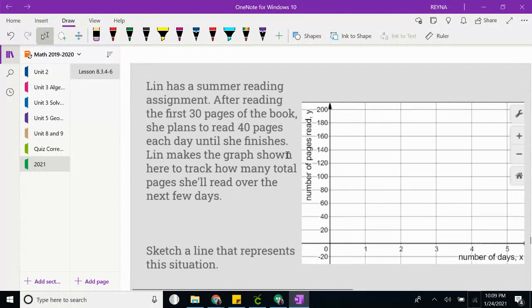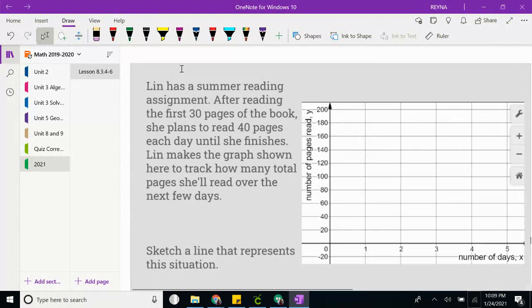Okay, one last problem. Lynn has a summer reading assignment. After reading the first 30 pages of the book, she plans to read 40 pages each day until she finishes the book. Lynn makes a graph shown here to track how much the total pages she will read over the next few days. Sketch the line that represents each situation.